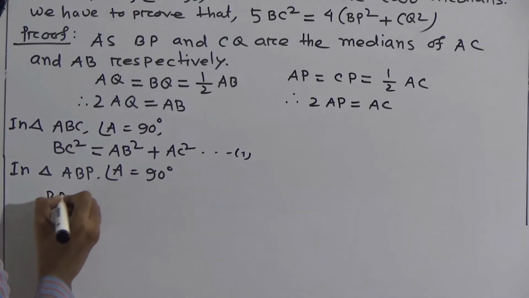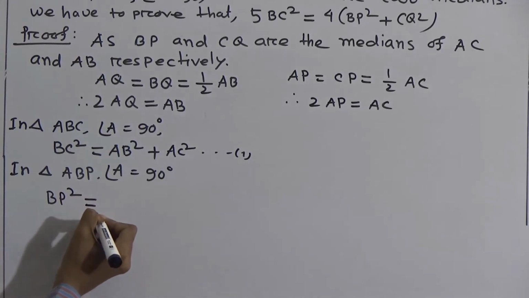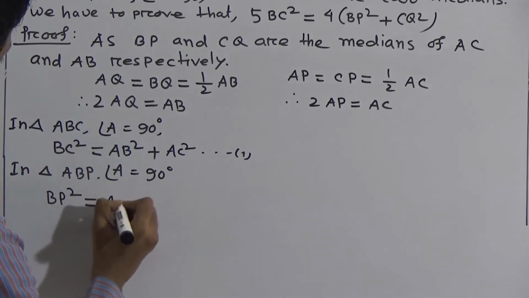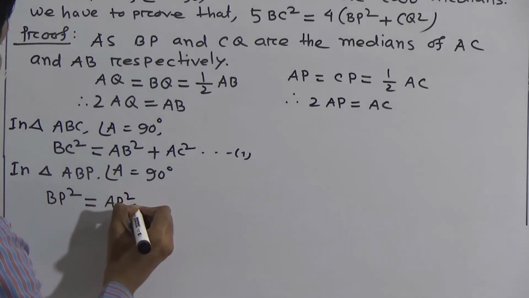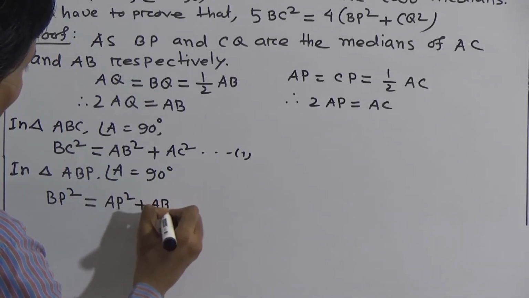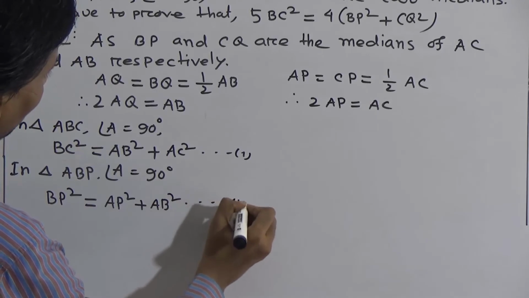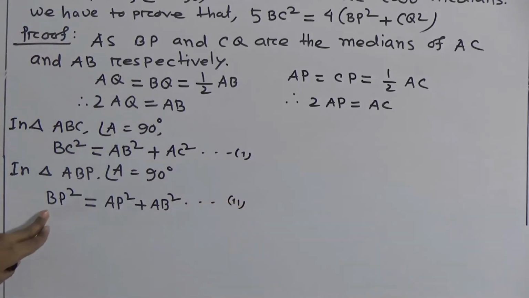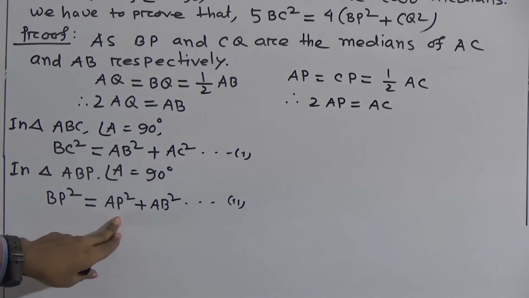BP square equal to AP square plus AB square, that is, AB square plus AP square.